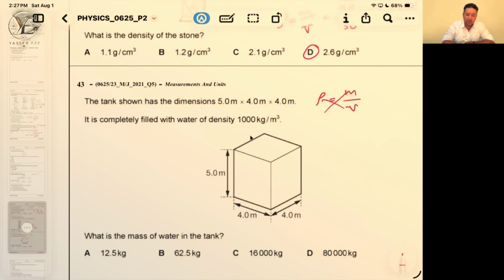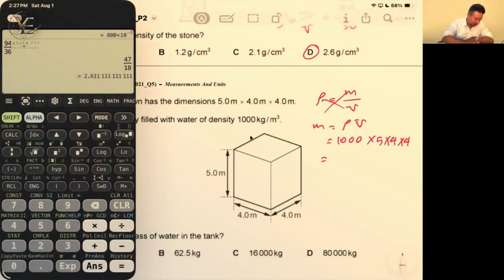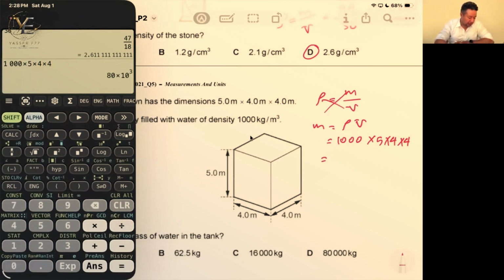Rearranging the equation, making mass the subject, mass equals density times volume. The density is 1000 and the volume is 5 times 4 times 4. So I'm going to put them all on the calculator. 1000 times 5 times 4 times 4 equals 80,000 kilograms.